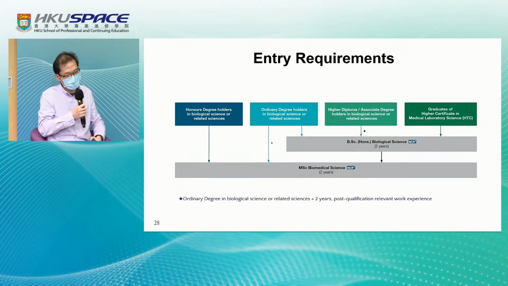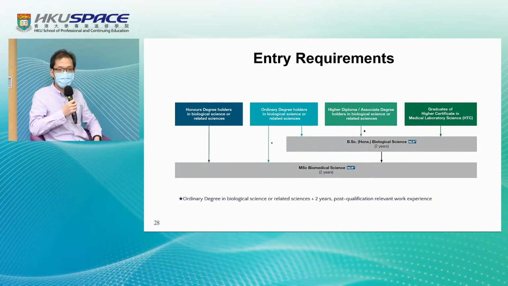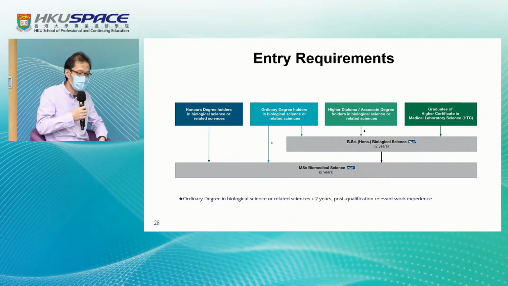Okay, at the very beginning, the entry requirements. For this course, the entry requirement is simpler. Basically, you need to have a BSc degree in biological science or a biological related science, for example, biochemistry, biotechnology, life science.